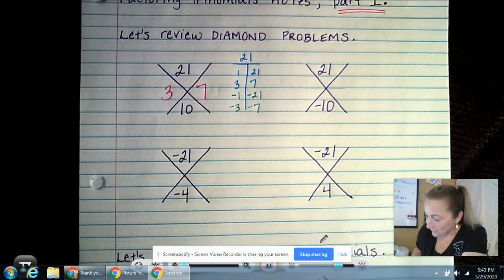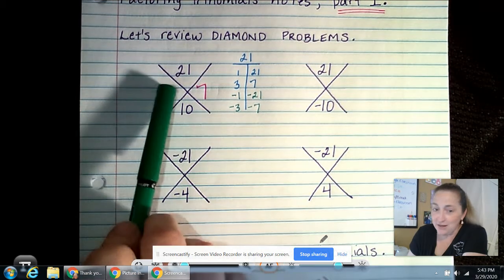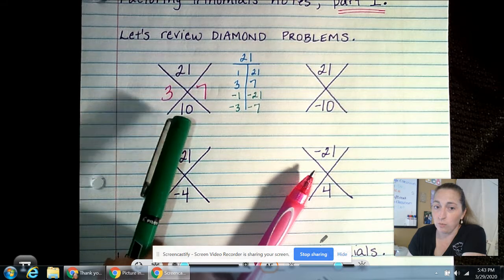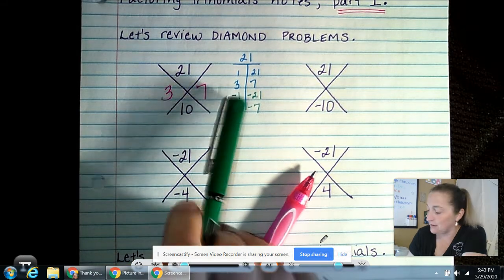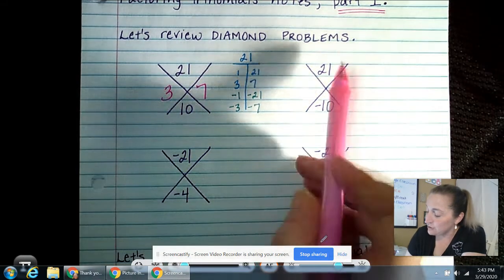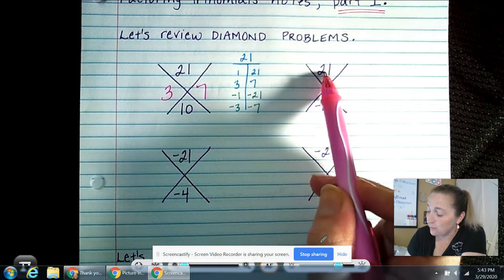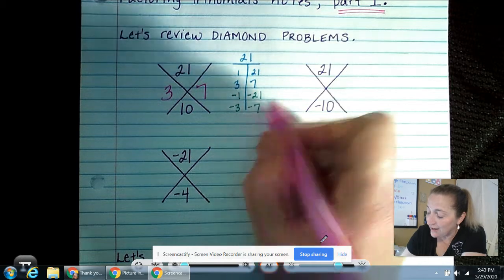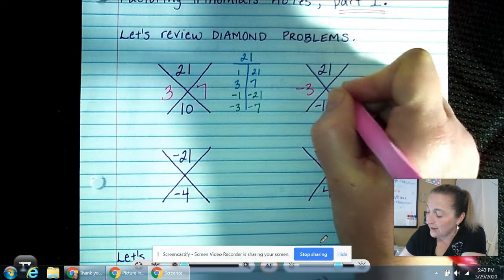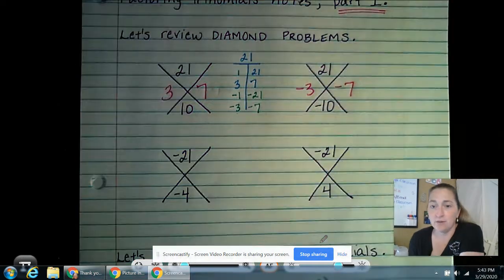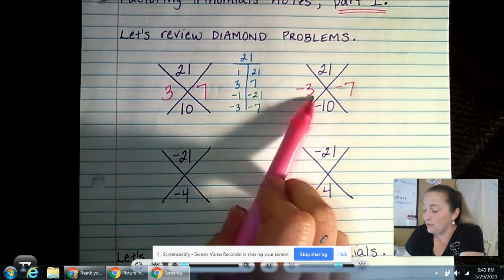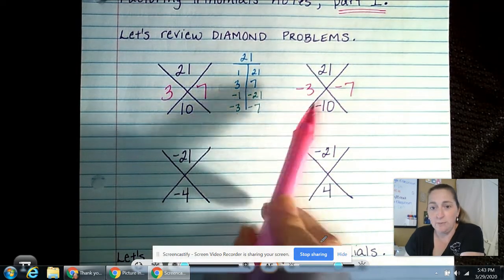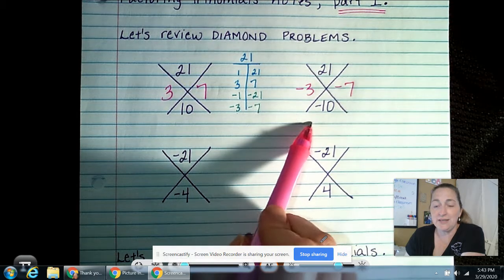We didn't need to talk about those numbers over here because my product and my sum were both positive, so everything was going to be positive. But now, if I'm looking for 2 numbers that multiply to give me 21, but add together to give me negative 10, those are here, negative 3 and negative 7. Okay, so we have negative 3 times negative 7 is positive 21, but negative 3 plus negative 7 is negative 10.